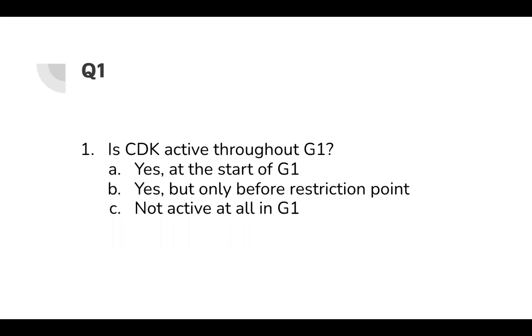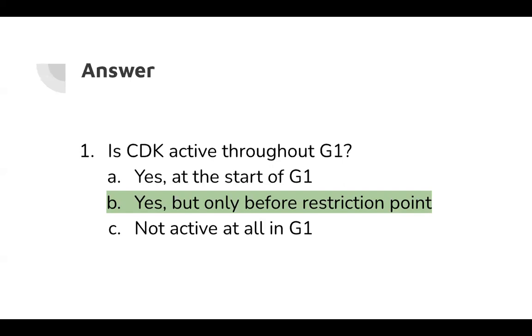You're right, it's B. We don't want it to start at the beginning of G1, because CDK activation causes inhibition of the formation of pre-RC, which prevents re-replication of the DNA while we're already in one cycle, because that's not good for the cell to have double chromosomes.